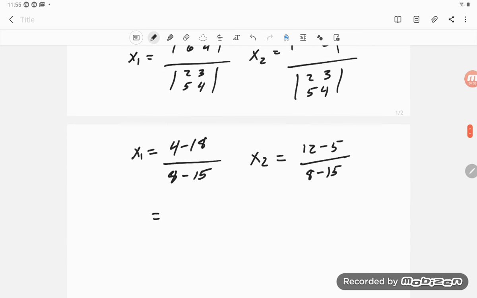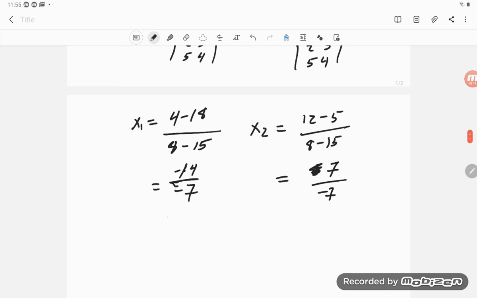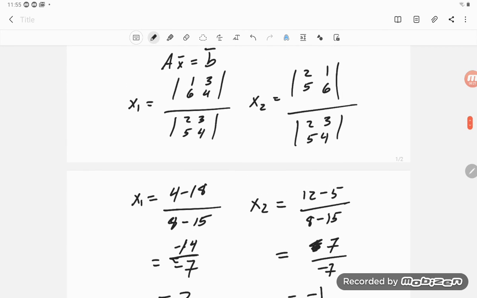So x1 is -14 over -7, and x2 is 7 over -7. And we get the solution I thought we would, because I made it that way: 2 and -1. On this really small example, it looks like, wow, that is so cool, it works so well.